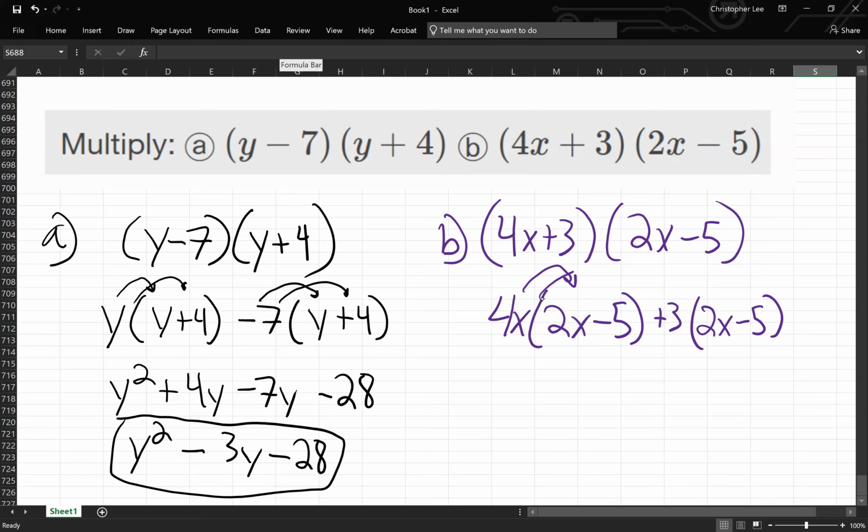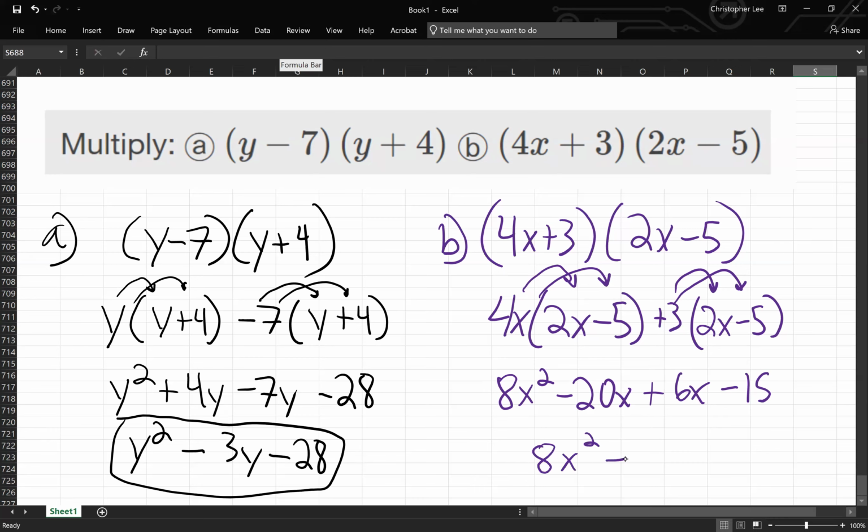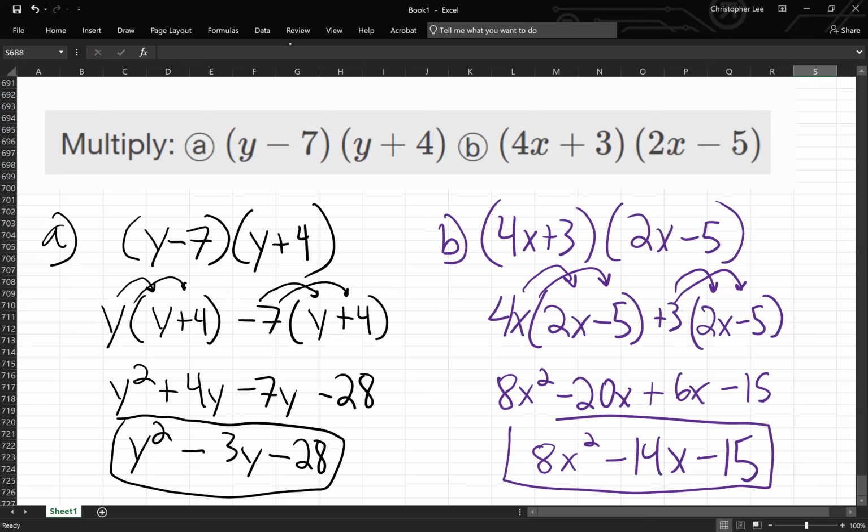Distribute. So 4x times 2x is going to give me 8x squared. 4x times negative 5 is negative 20x. Then we're going to distribute this. This is going to be 3 times 2x, plus 6x. And then 3 times negative 5, negative 15. Adding these together, I'm going to get what? 8x squared minus 14x minus 15. And there you go. That's my answer.